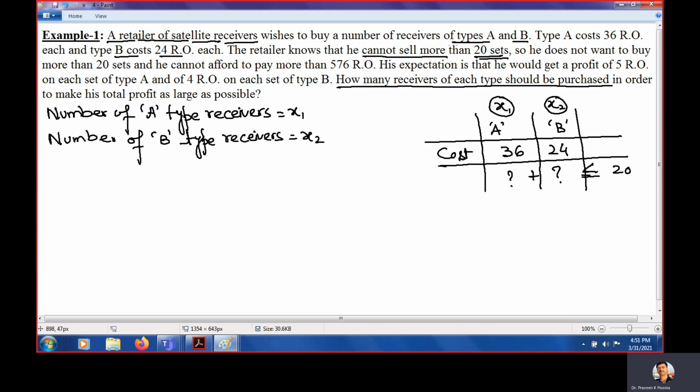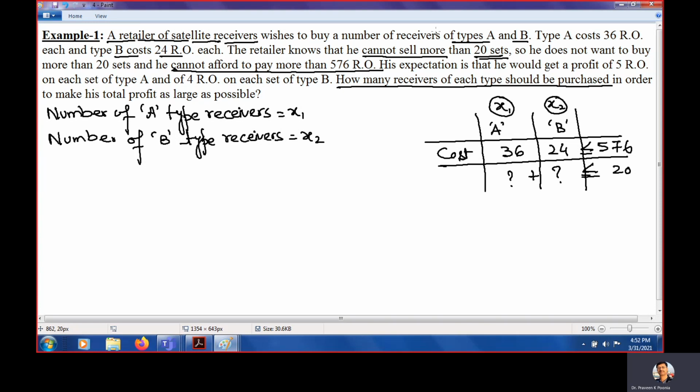It may be 19, it may be 18. So we are using less than equal. Clear? Also, he cannot afford to pay more than 576 real. That means here the amount will be 576. This is the maximum limit of the amount, 576.